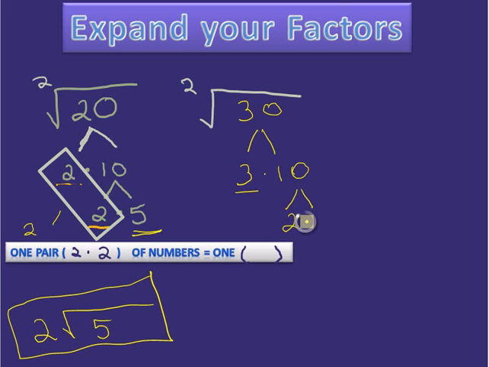So we're going to do 2 times 5. Okay, now there are no matching numbers here whatsoever. Since they're all just prime numbers, guess what? The answer for this is just going to be the square root of 30.